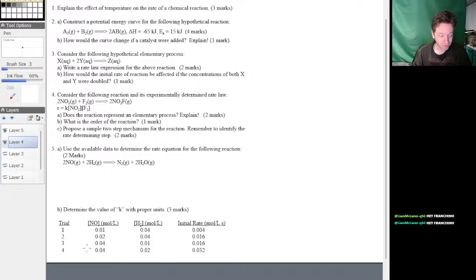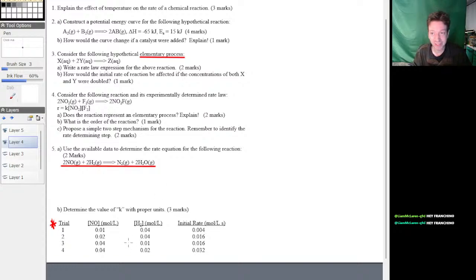Okay, so for this one, we have to use the available data. So down here, so an experiment was done. Use the available data to determine the rate equation for this reaction. Now we can't do what we did in question 3, because question 3, it says it's an elementary process, and so we just wrote the rate directly from the reaction. That's not necessarily true here.